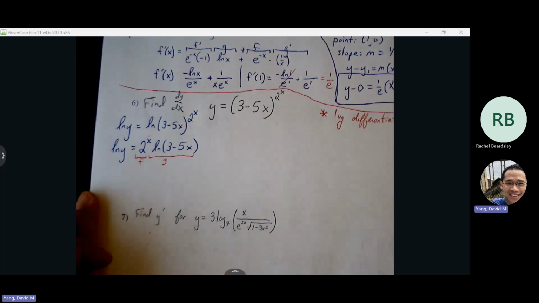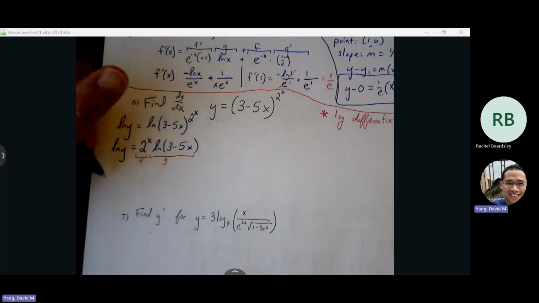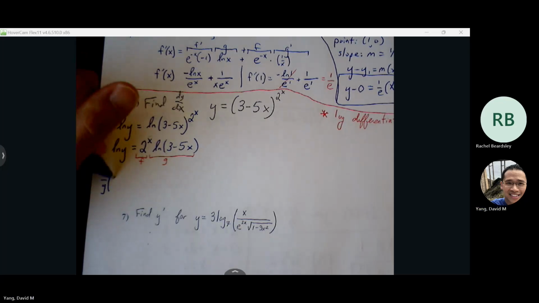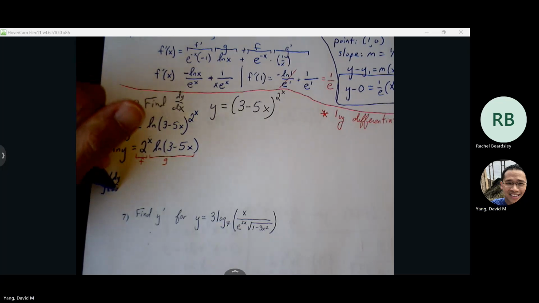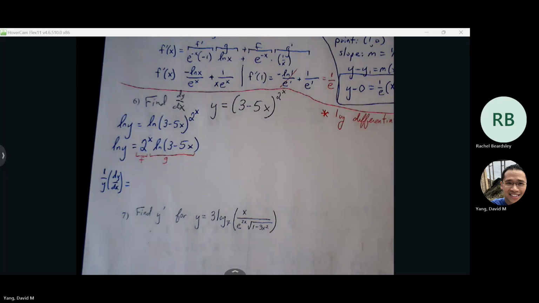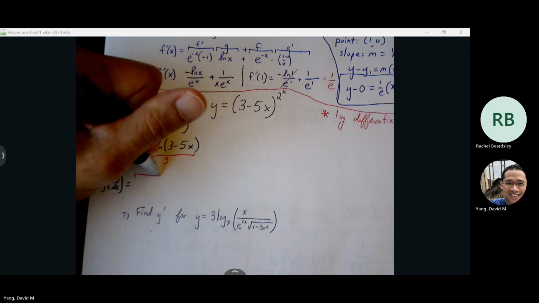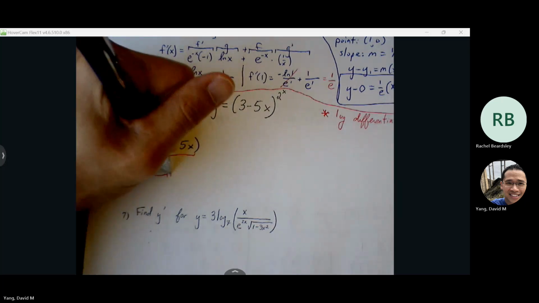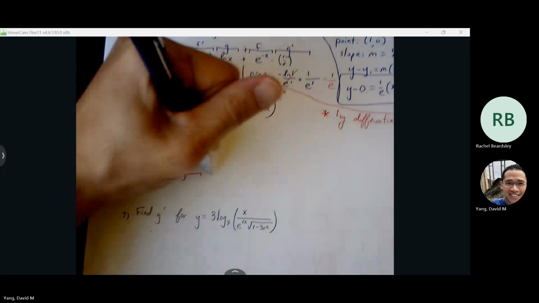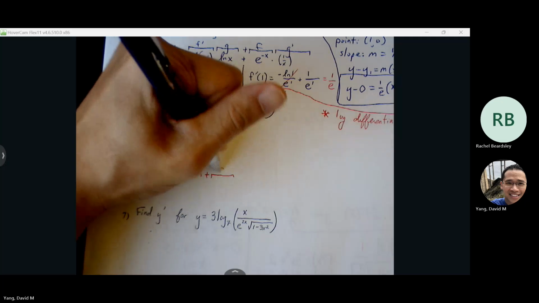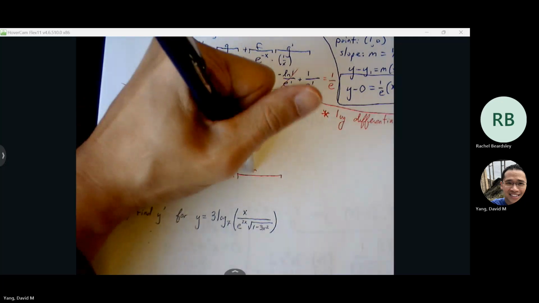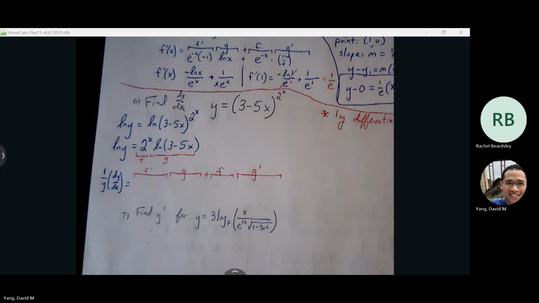Okay, a little bit of implicit on the left side, 1 over y dy dx. Now I'll step through product rule. All right, 2 to the x, that's the a to the u rule, right?